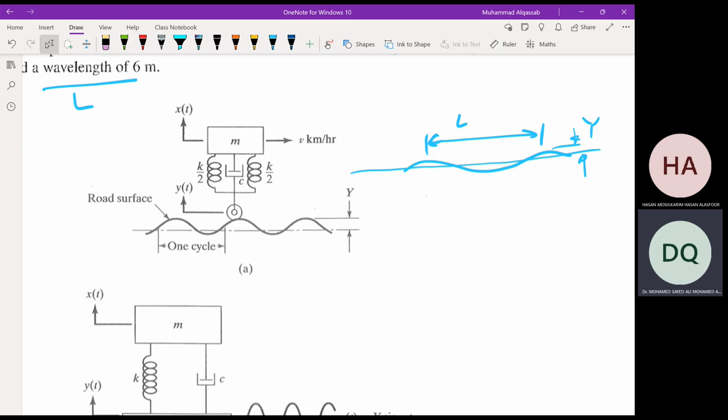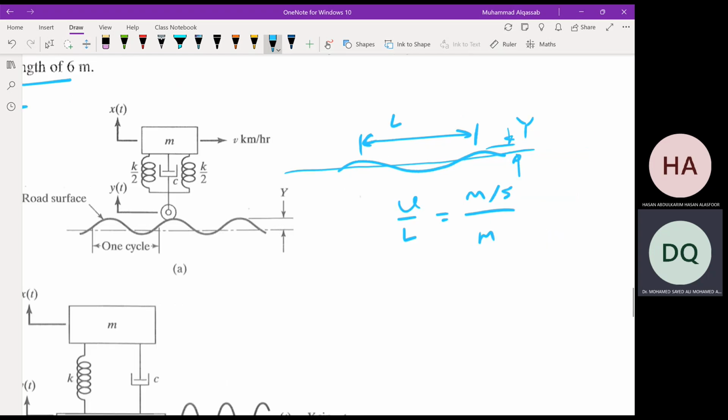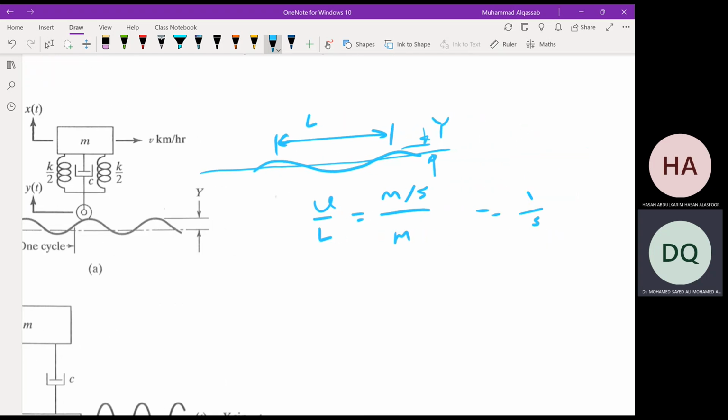That is meter per second, V, divided by L in meters, which gives 1 over second, so this is f, in cycles per second. Or if you want omega, omega is 2 pi V over L. You multiply by 2 pi to make it radian per second. But make sure that you have consistent units, that velocity is in meter per second and L is in meter, then you get radian per second.